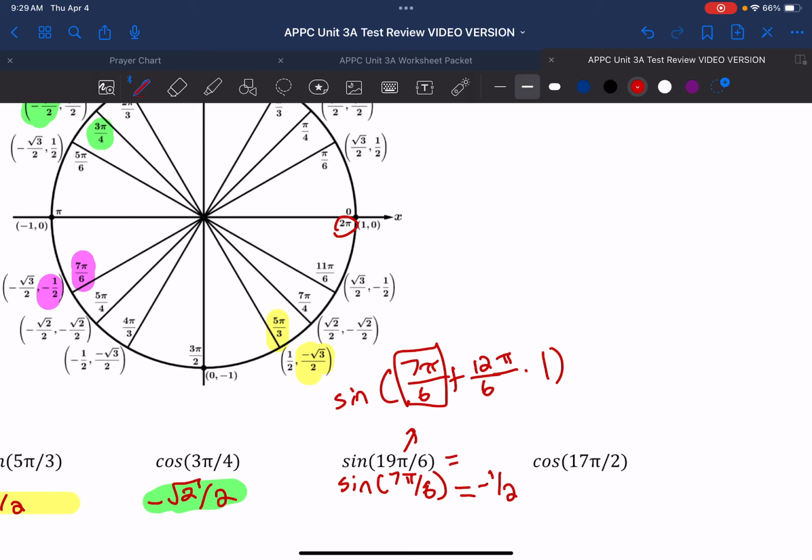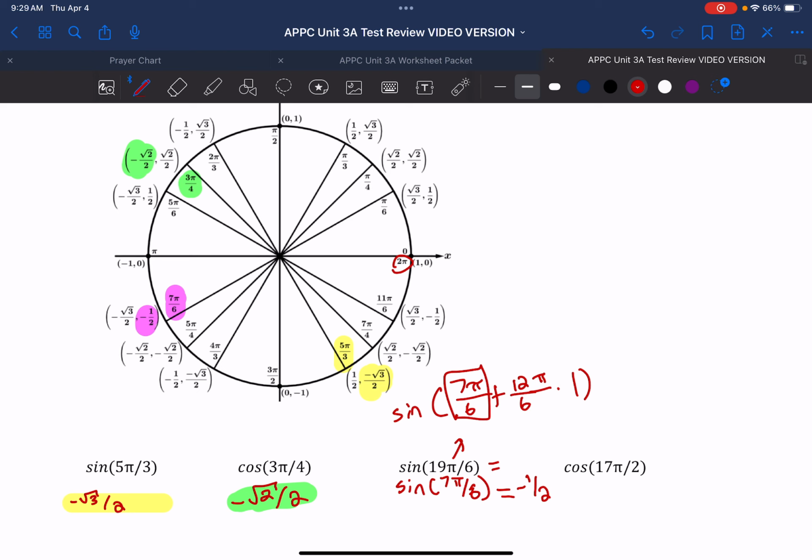Same thing with my pi over 2s. I can count. Let's do that. It's just my halfway points. 1, 2, 3, 4, 5, 6, 7, 8, 9, 10, 11, 12, 13, 14, 15, 16, 17. So this is the same thing.